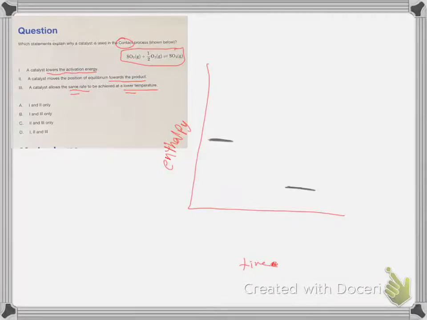In this case, this is an exothermic reaction. The line from the reactants to the maximum point of the graph is the activation energy.